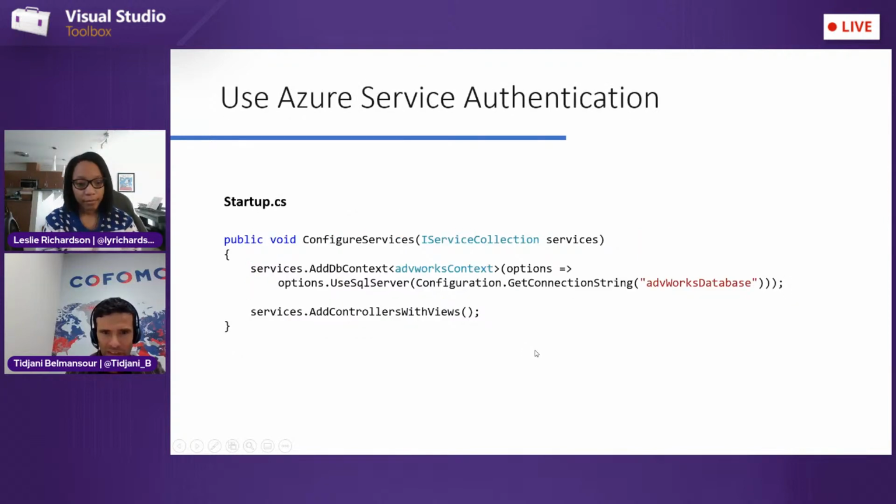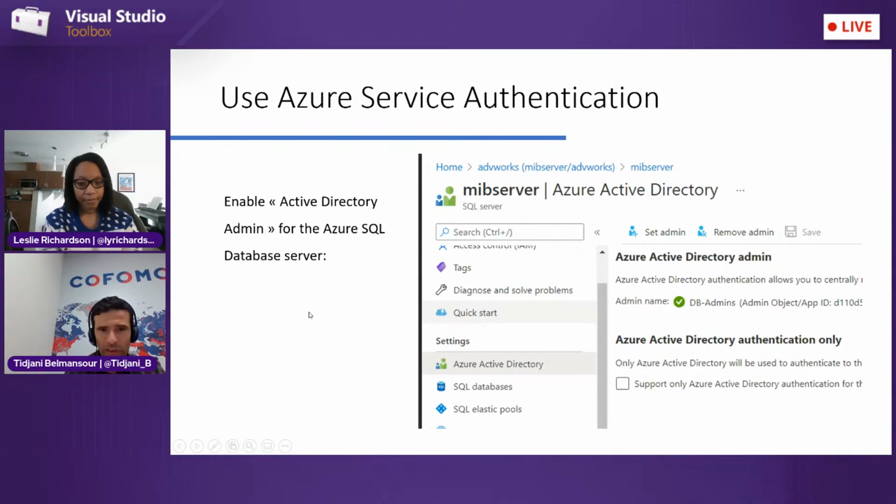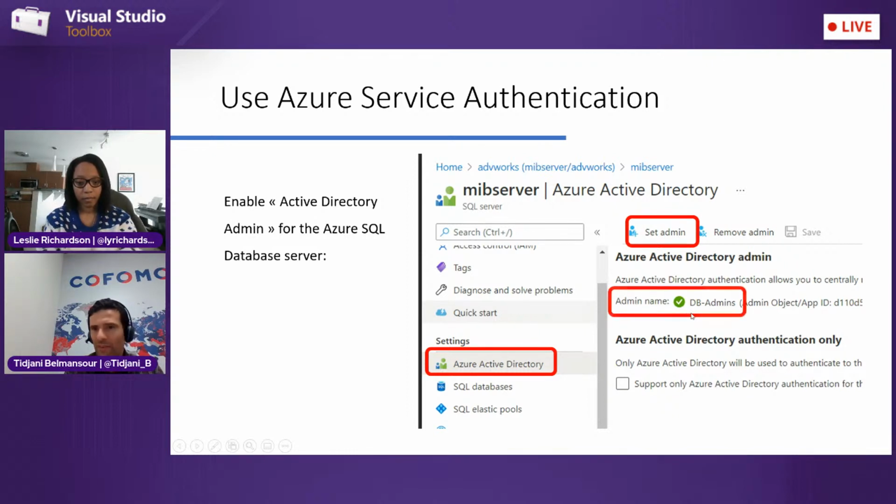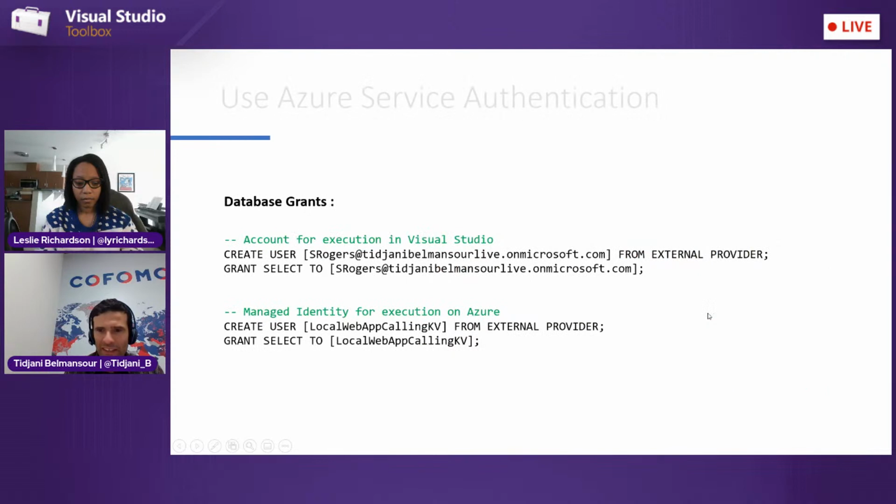Okay. So in order for this to work, on our Azure SQL database server, we have to enable Azure Active Directory and define an admin. Usually we'll have an Azure AD group, let's say DB admins, that will manage that database server.